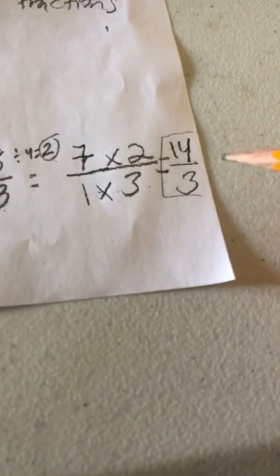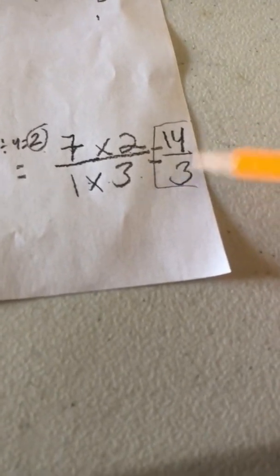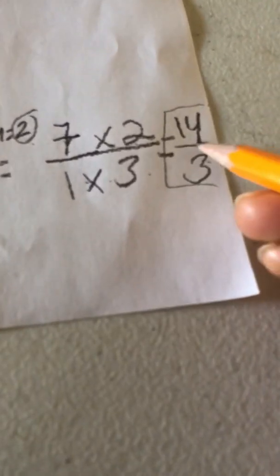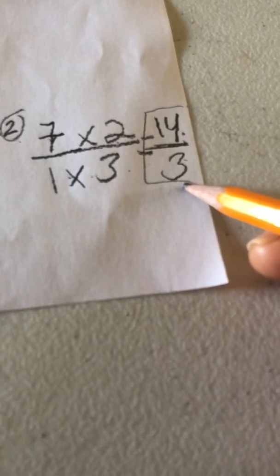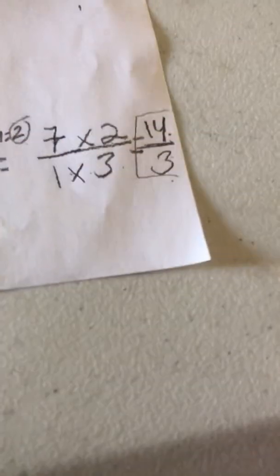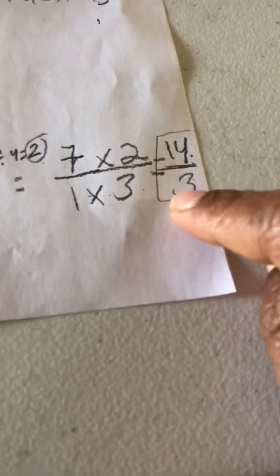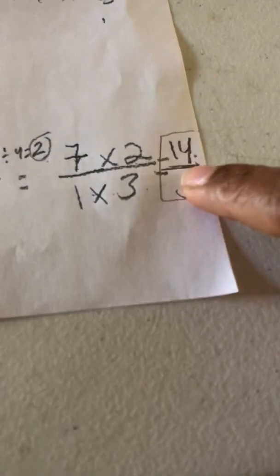So normally you would say, oh, we got our answer. Well, that's not our answer, because it's an improper fraction. The numerator is bigger than the denominator, so we have to change it. Now we must divide. To change this improper fraction, to make it smaller, we have to divide, okay?